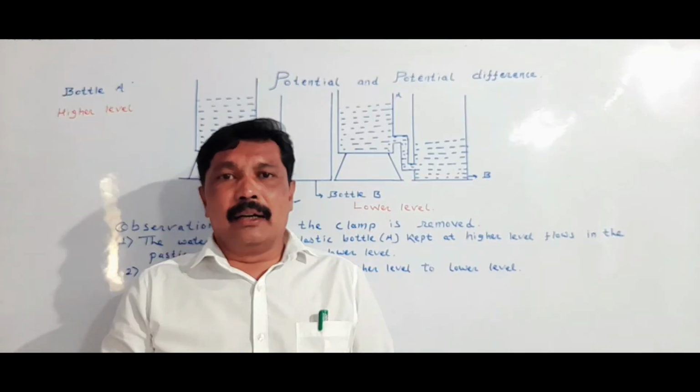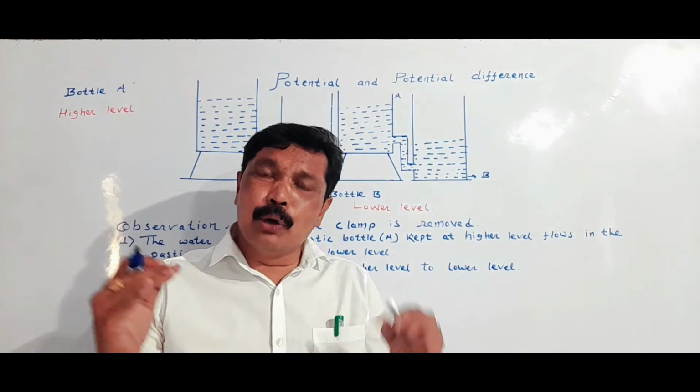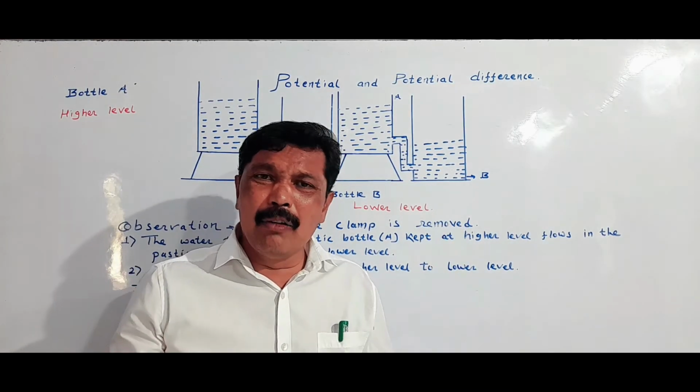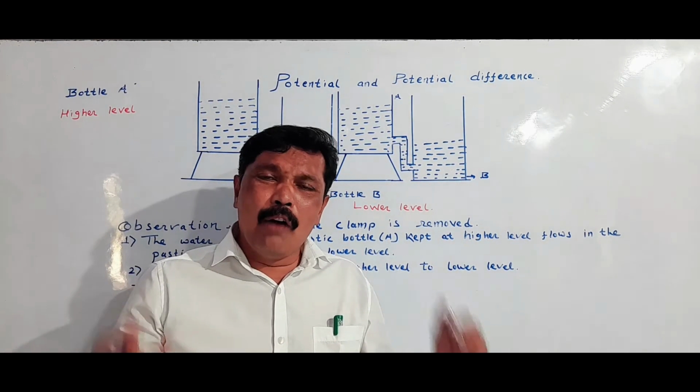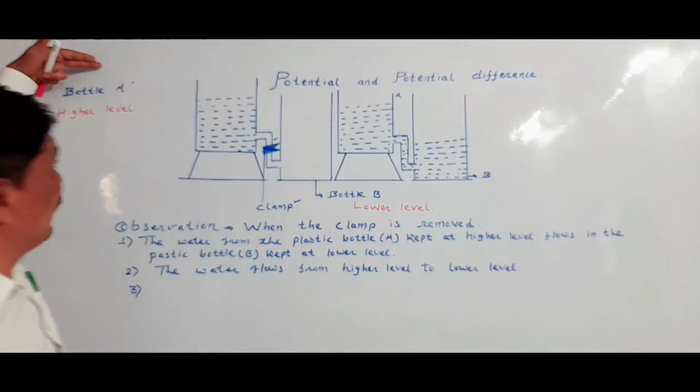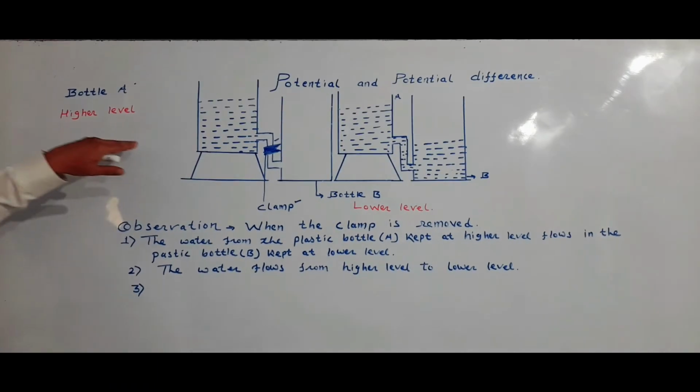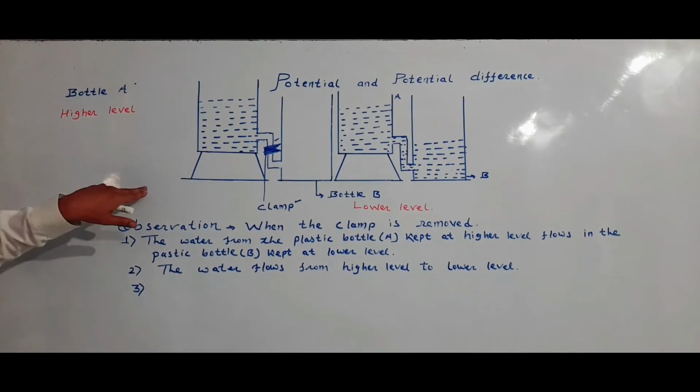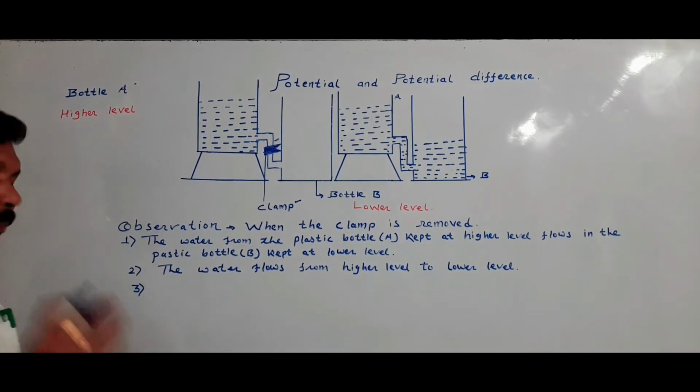Now my dear student, when the level of water in both the bottles becomes equal, then the flow of water from bottle A, which is kept at higher level, to the bottle B, which is kept at a lower level, stops.